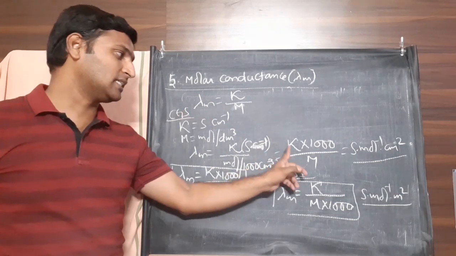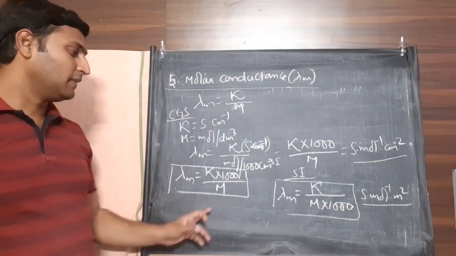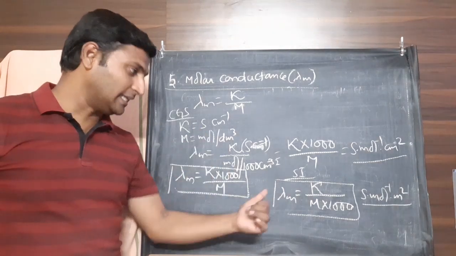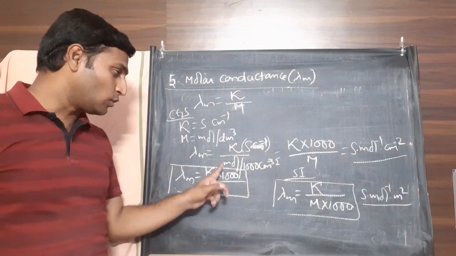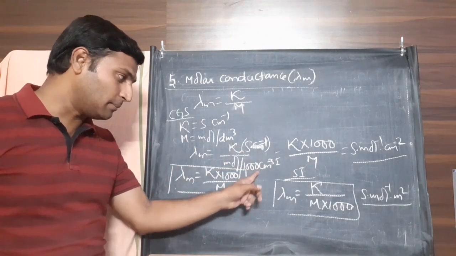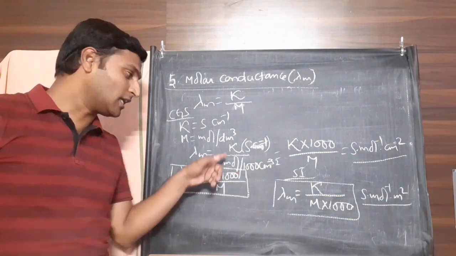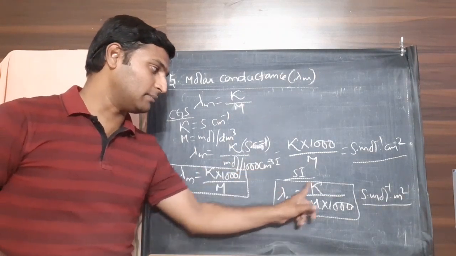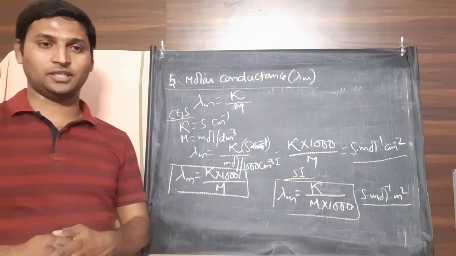So in CGS units, kappa into 1000 by m. Whereas if it is in meter cube, then decimeter cube is equal to 1 by 1000 meter cube. So in the denominator, you are going to take decimeter cube by 1000, the denominator of the denominator. So 1000 comes to the denominator only. So lambda m is equal to kappa by molarity into 1000. Units I have mentioned.